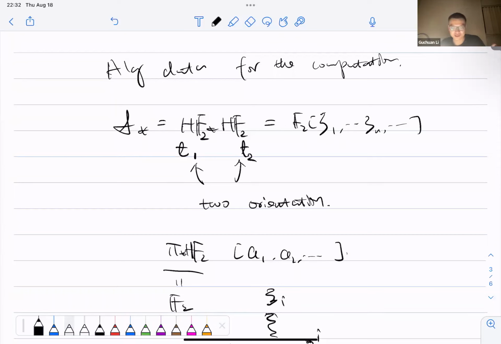So the point is that A star, which is HF2 star HF2, can also be regarded as the automorphisms of the additive formal group law. Giving an automorphism of the additive formal group law is giving the data of the coefficients in the formal power series of the change of coordinates, and the data a_i appears as the coefficients.